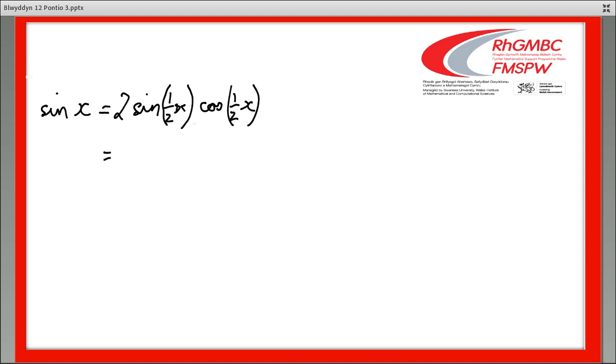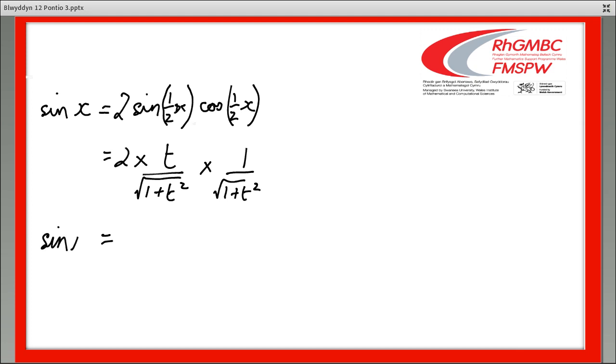So that actually becomes 2 times t over the square root of 1 plus t squared, times cos, which is 1 over the square root of 1 plus t squared, which ends up as sin x equals 2t over 1 plus t squared.